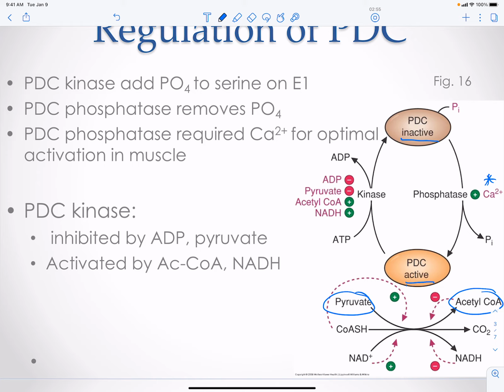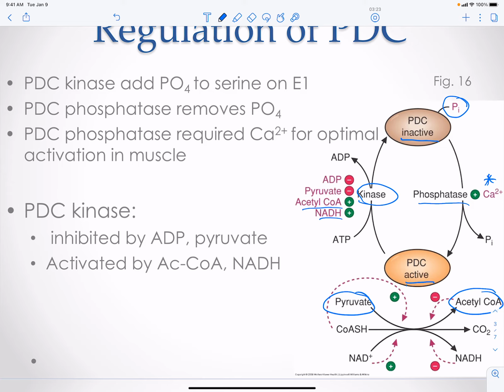Whereas acetyl-CoA and NADH are going to be positive regulators for a kinase that is going to add a phosphate and inactivate your pyruvate dehydrogenase complex. So in the case of pyruvate dehydrogenase complex, phosphorylation of the complex leads to inactivation. Dephosphorylation by a phosphatase leads to activation. And so it all is going to be about need.